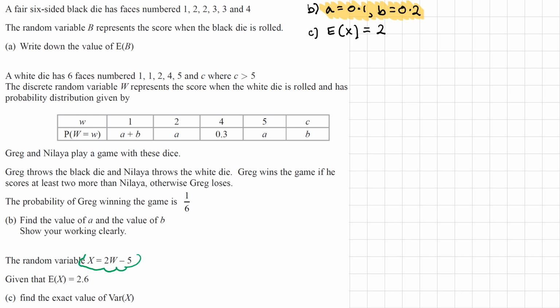That's just here. So in the coding formula here, a is going to be 2, b is going to be -5. So 2 times E of W minus 5.